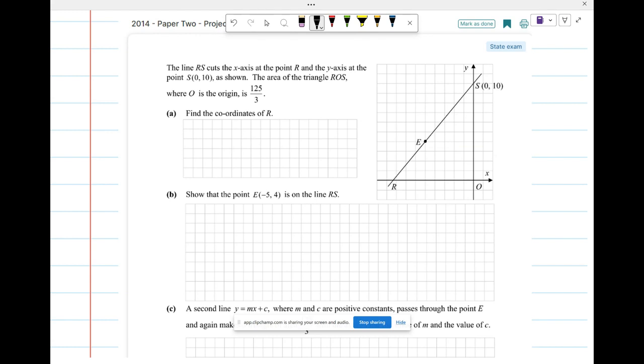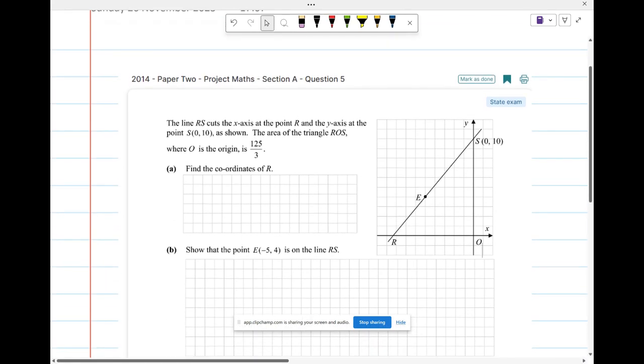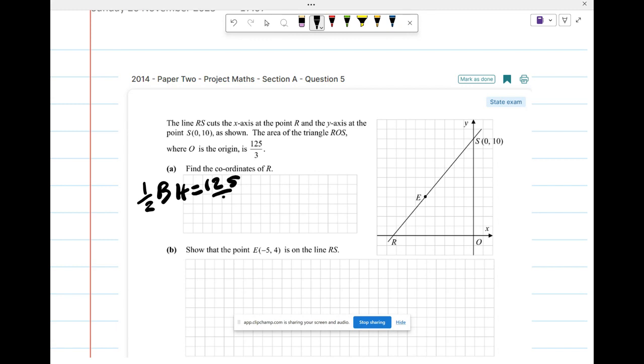So what we're going to do here is use the information that they've given us. We know the area is going to be half the base times the height, and that's going to be 125/3. And we have this point here, (0, 10).